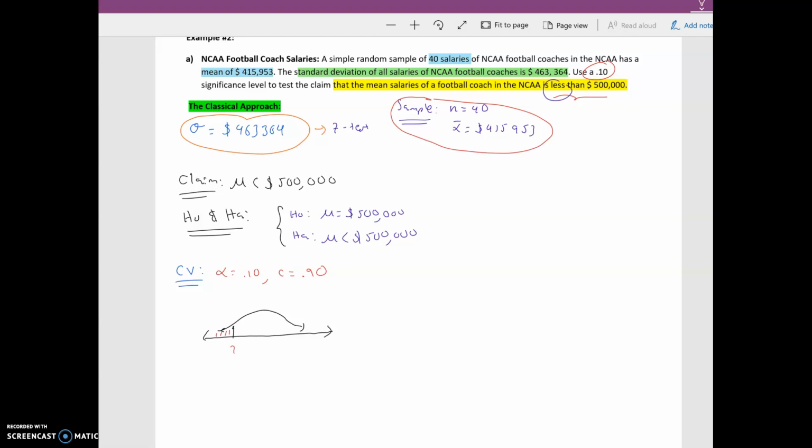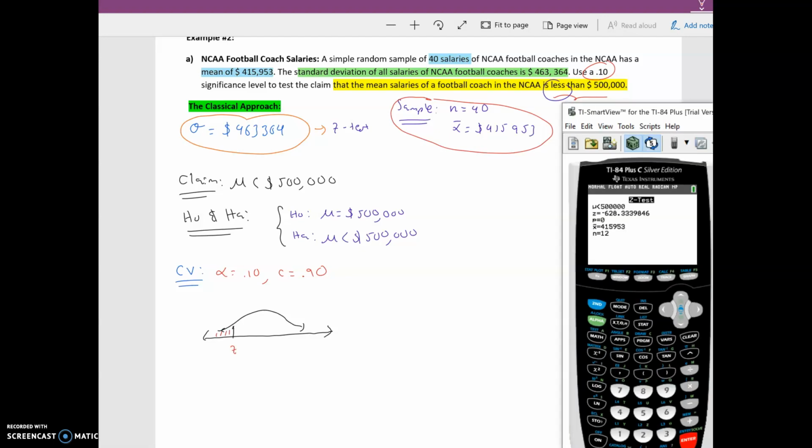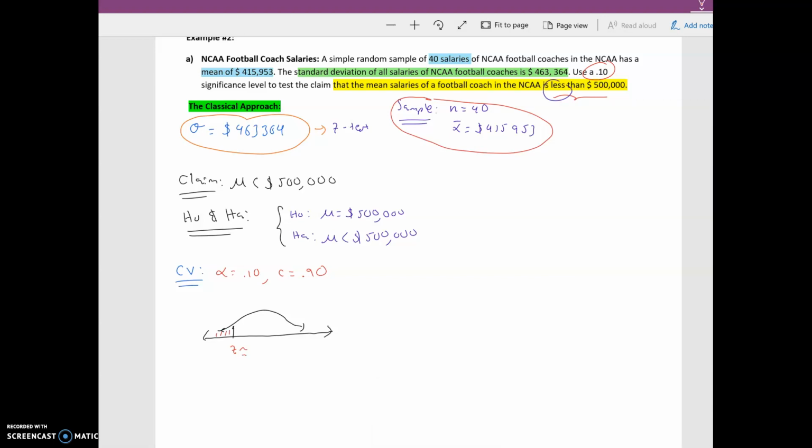And this is going to be a z-score. To find the z-score, let me give you the code. This will be second distribution, and then you're going to activate the inverse norm. The area to the left is 0.10, with 0 and 1 since we're looking at the standard distribution. So this is going to be negative 1.28.